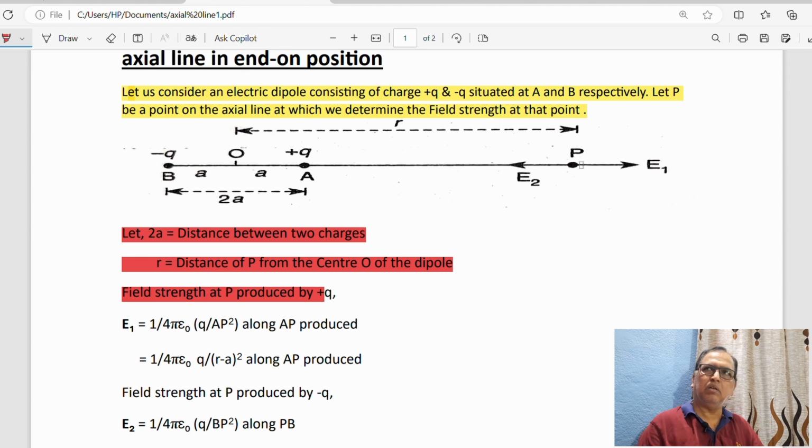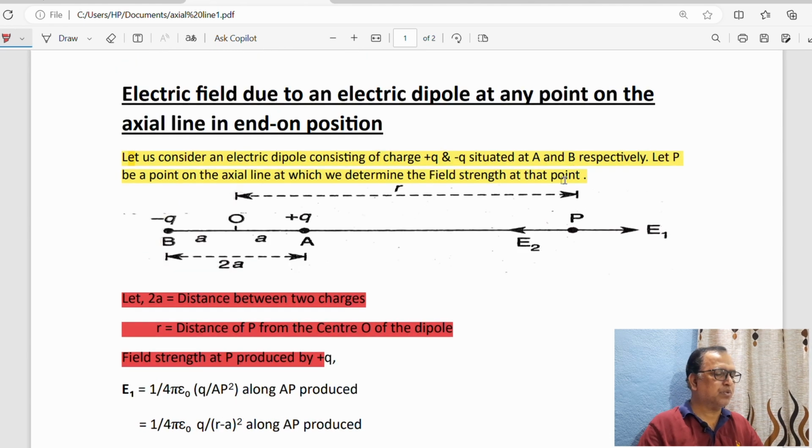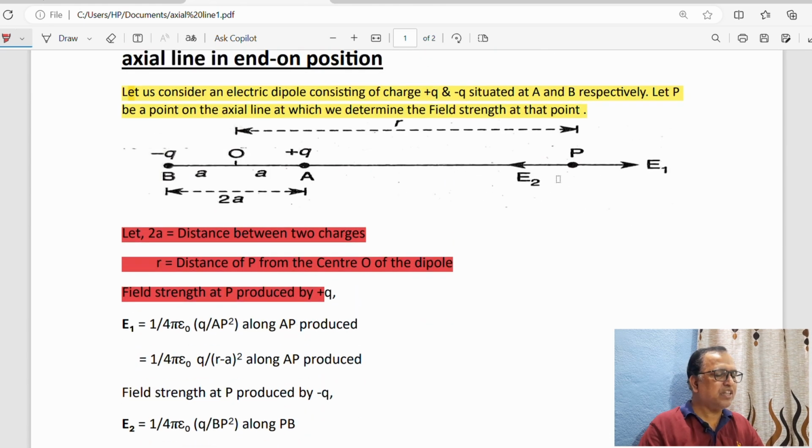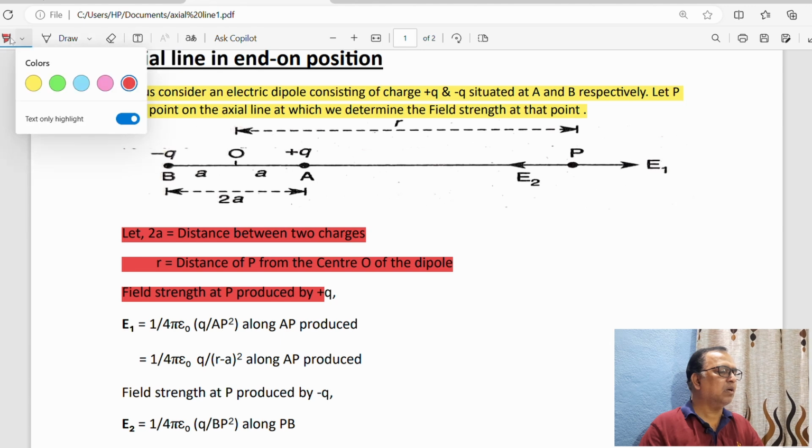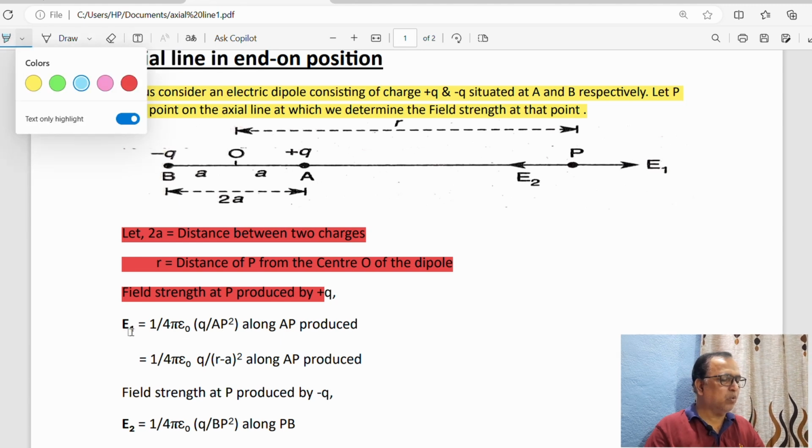AP means r minus a, so E1 is 1 by 4 pi epsilon naught q by r minus a whole square along AP produced.